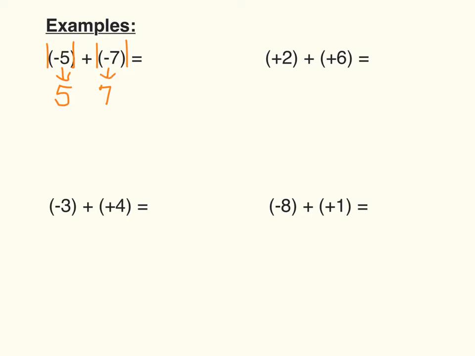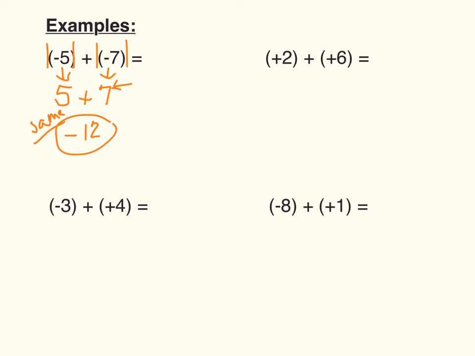So I can stop right there because these signs are the same, which means I'll be finding the sum. So 5 plus 7 is 12. And we know that the sign will always be that of the larger absolute value, which of course is 7. But you might want to step back for a moment and think about the fact that they're both negative, so your answer will also be negative. The answer there is -12.